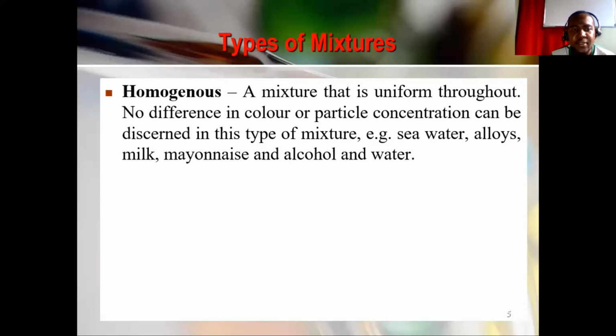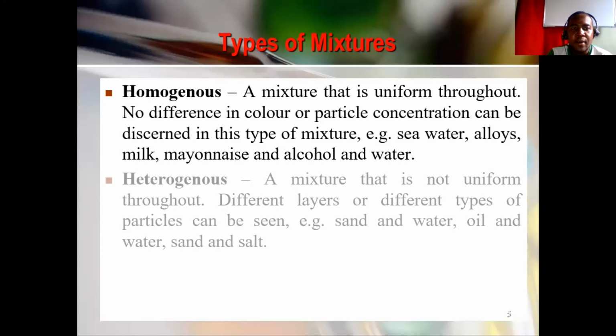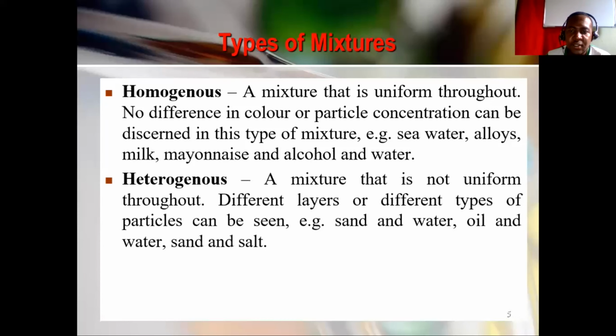We have alloys, and alloys are mixtures of metals together. Milk, mayonnaise, alcohol and water. Heterogeneous mixtures are not uniform throughout. You see different layers that make it up. So sand and water: when you mix sand and water, you notice that the sand will settle at the bottom of the water.